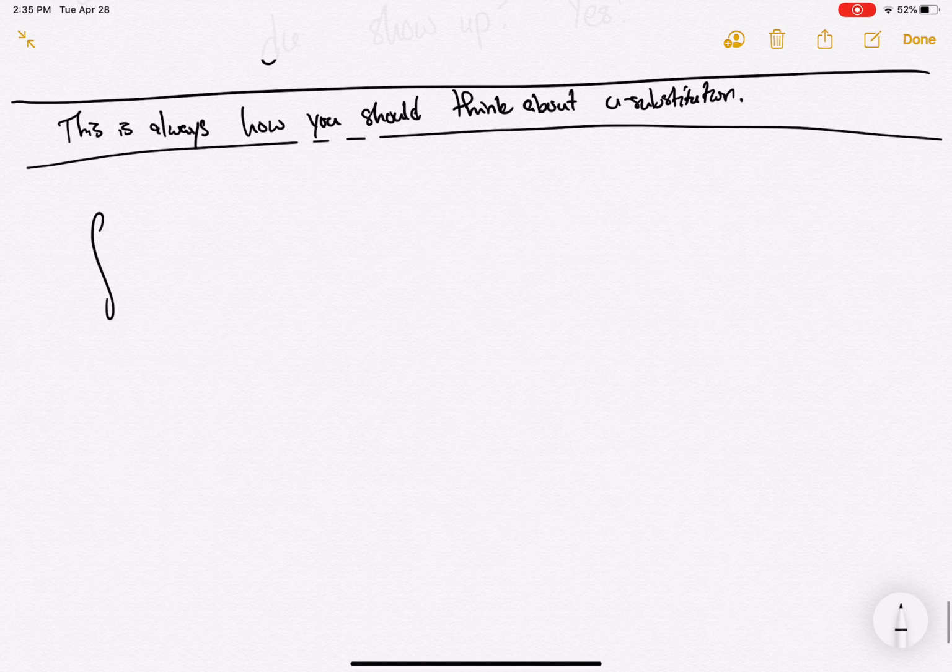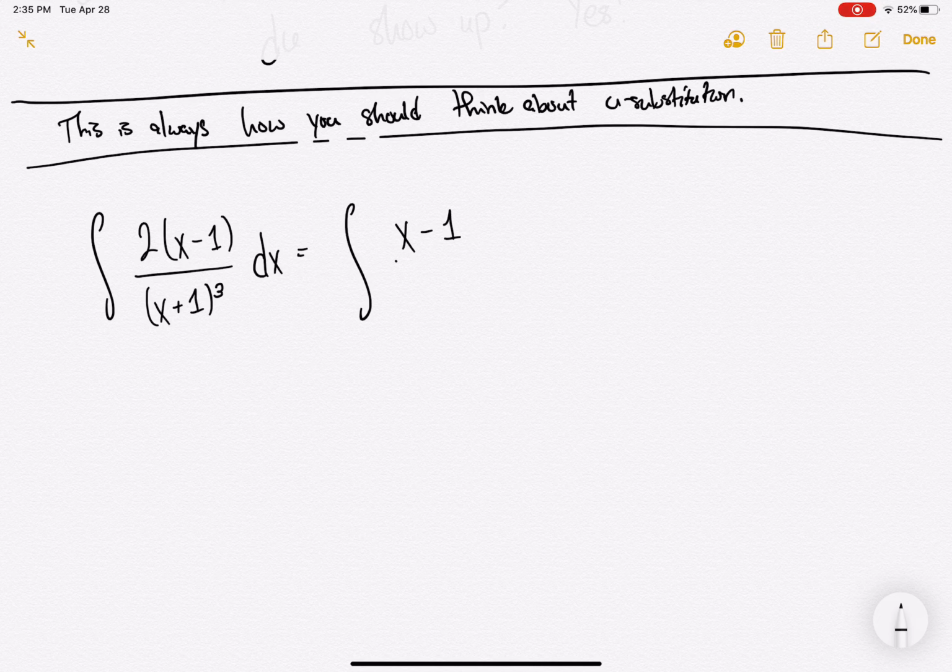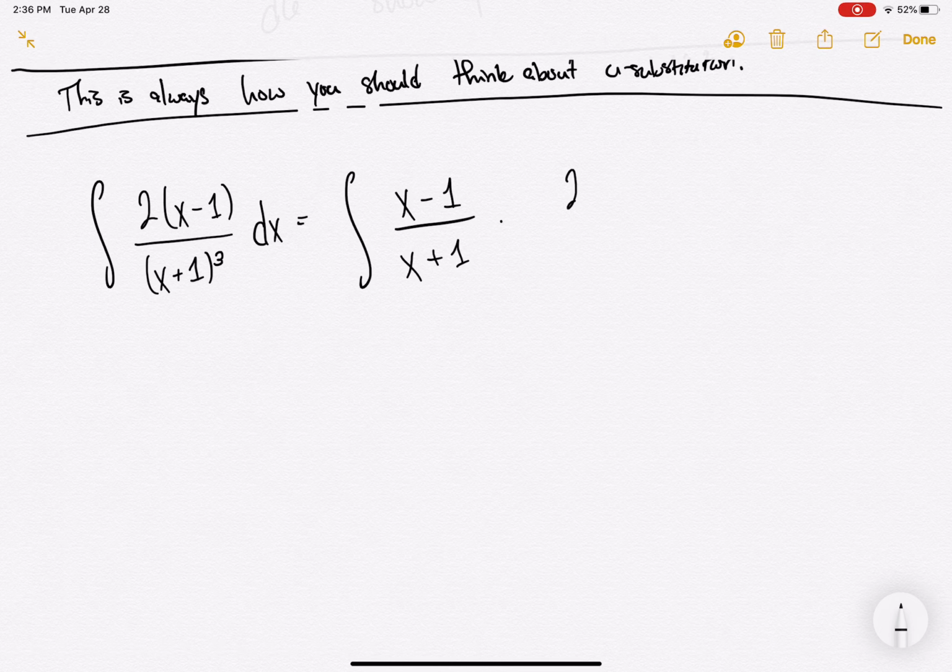Our integral here, 2x minus 1 divided by x plus 1 cubed dx, I'm going to rewrite as the integral of x minus 1, I'm going to force u to show up, over x plus 1. And then what is left over is 2 over x plus 1 squared dx.